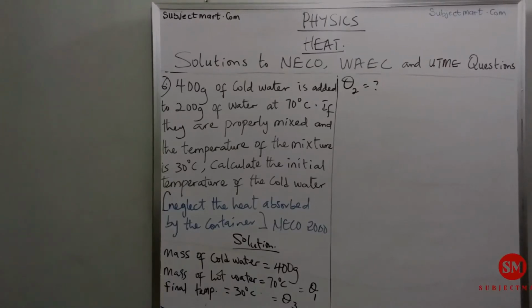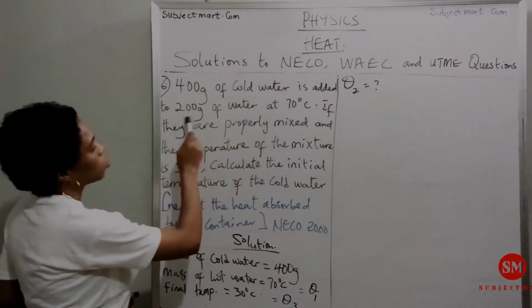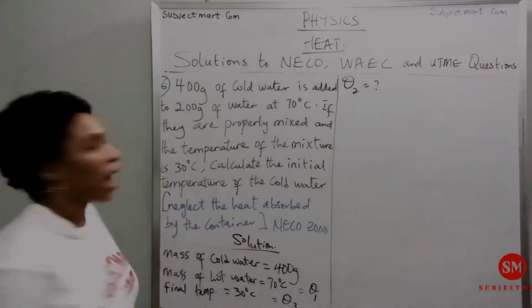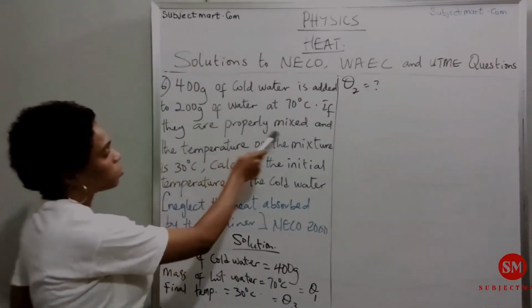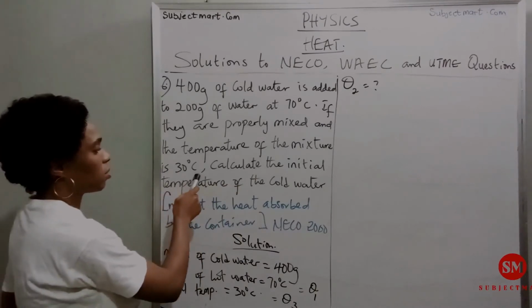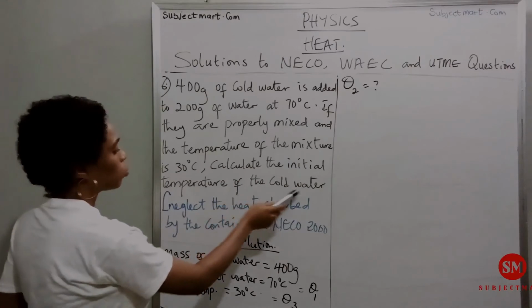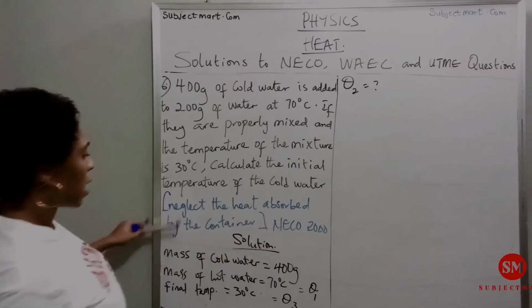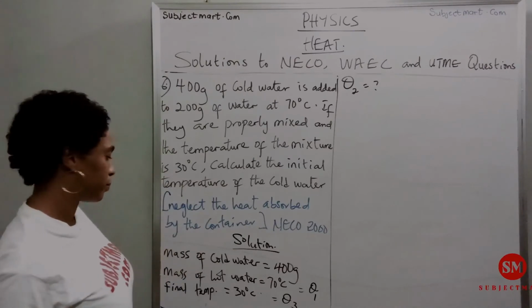The next question here says 400 grams of cold water is added to 200 grams of water at 70 degrees C. If they are properly mixed and the temperature of the mixture is 30 degrees C, calculate the initial temperature of the cold water. Neglect the heat absorbed by the container.